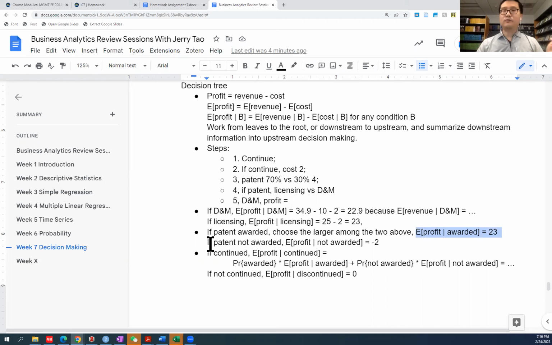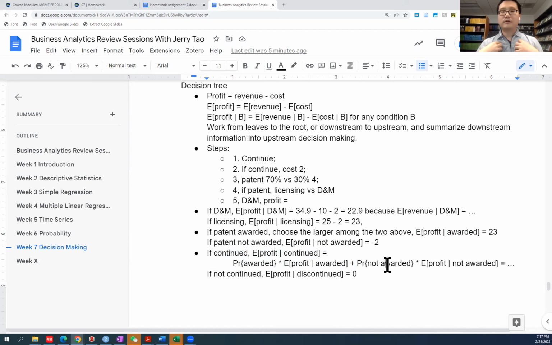But if the patent was not awarded, then it means at this stage, we already paid the continuing cost of the project, which is 2 million. So that's why the expected profit would be negative 2 million. All right. Now, if we combine these two scenarios, that's where we need to take care of the chances of getting awarded or not. So this comes at the stage that's beneath continuing the project.